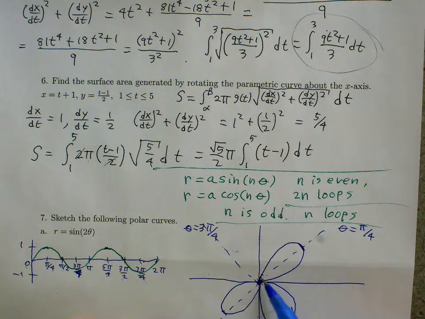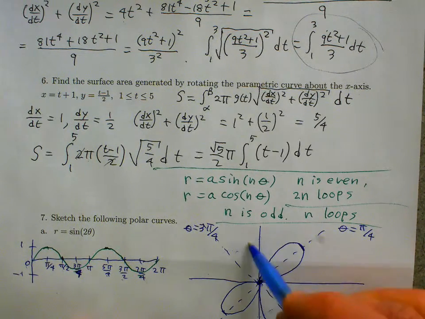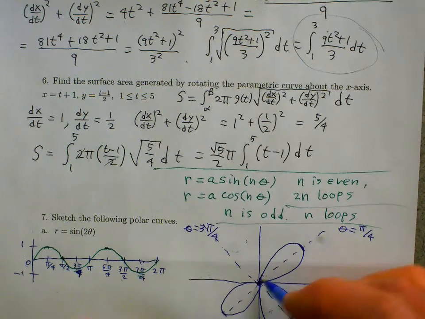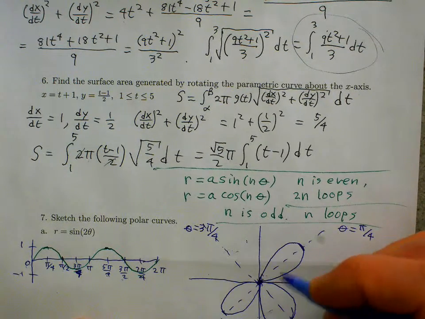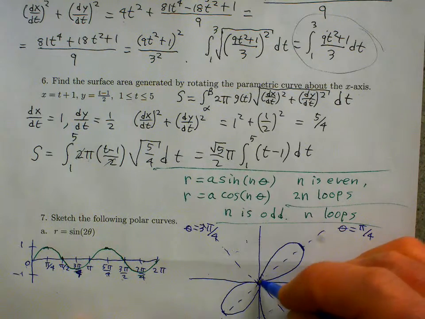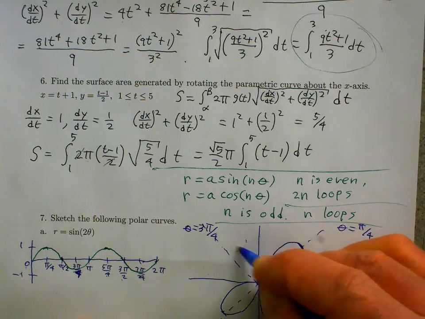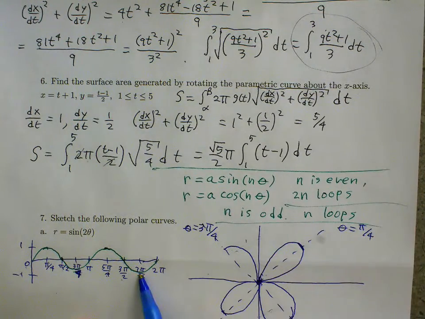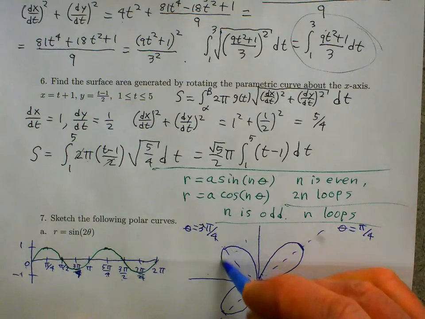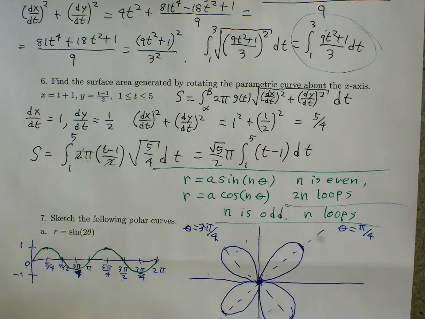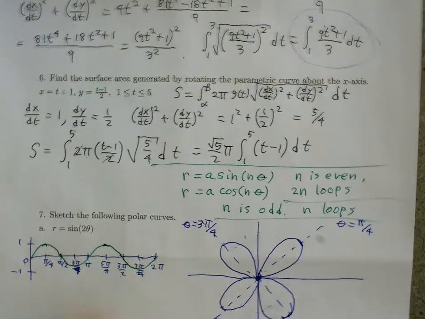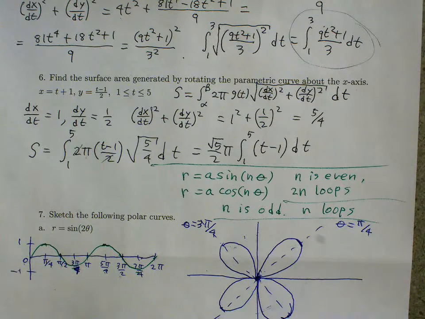So the loop has to be in the opposite sector, so it's going to be up here. And then from 7 pi over 4 to 2 pi, in the opposite sector, since the r values are negative, we end up like that. So hopefully you get the idea of how that works on that one.